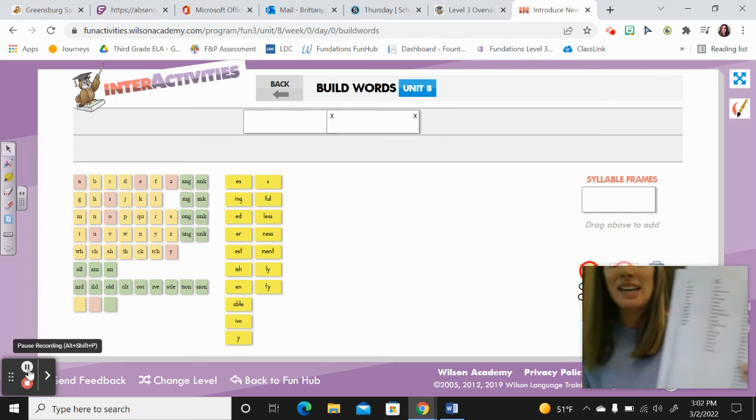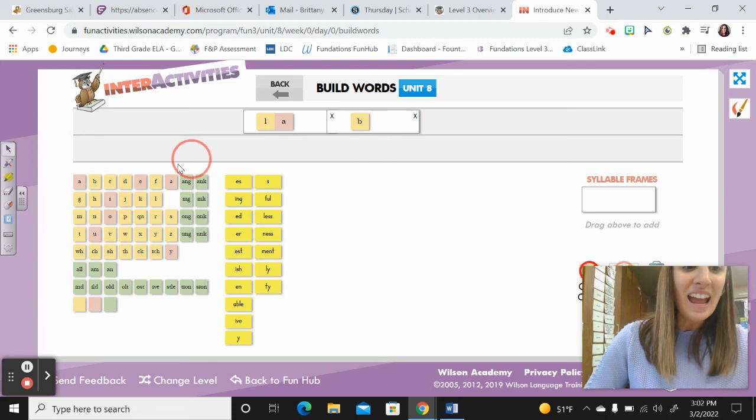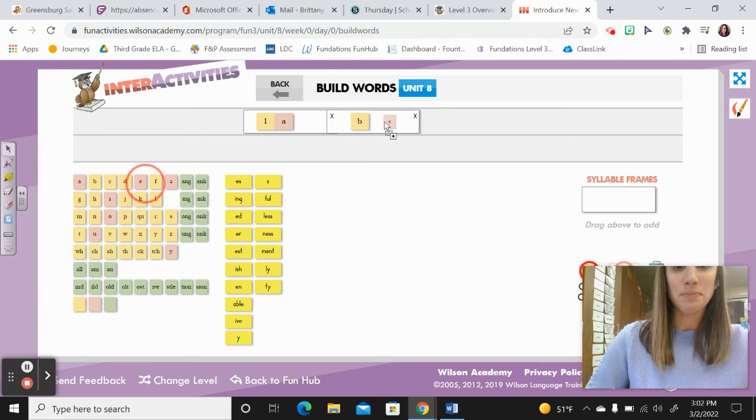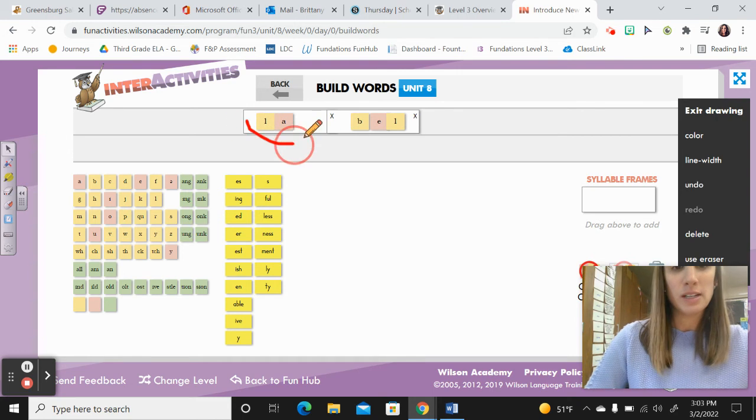Lay is an open syllable. And then did you catch what the second syllable is? This one is actually B-E-L because it has the schwa. Right. So when you mark this word label, you're going to scoop as always first.